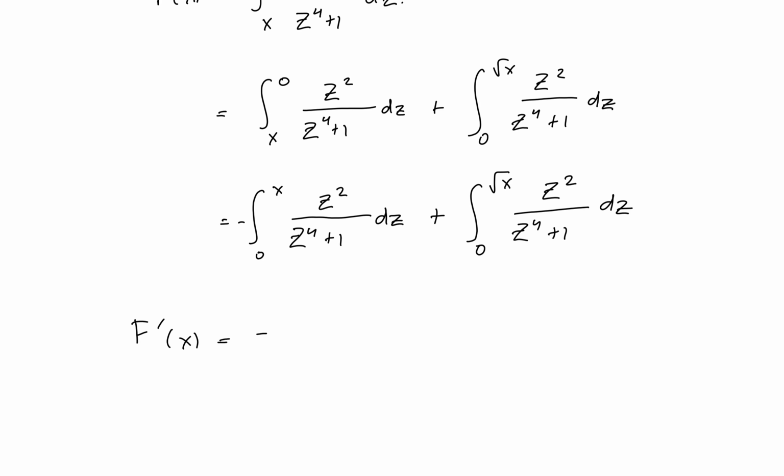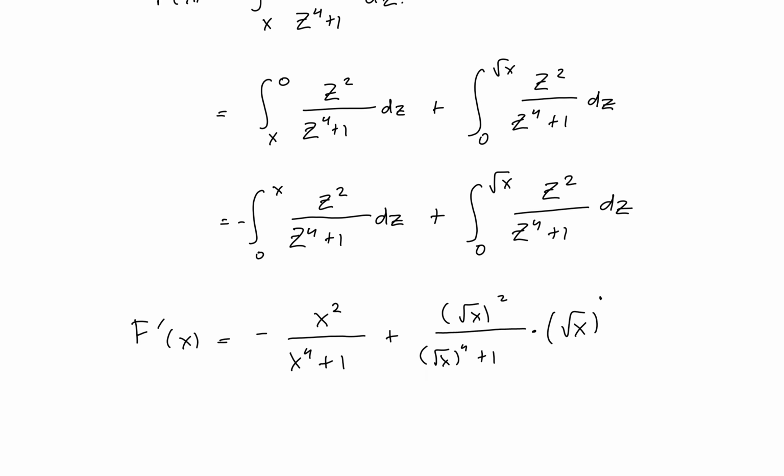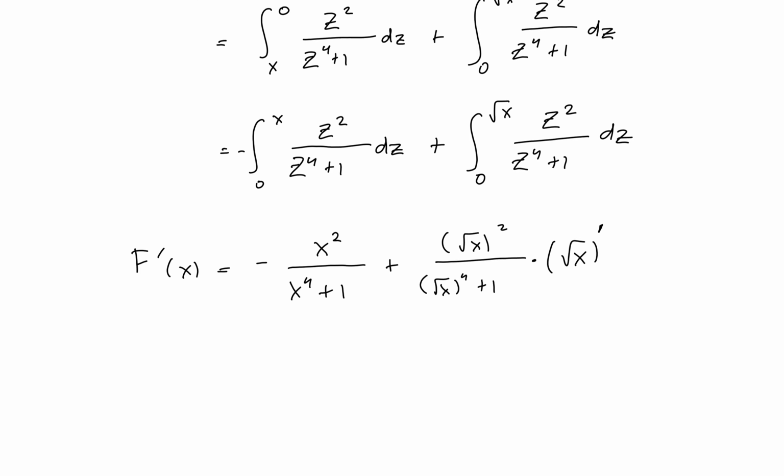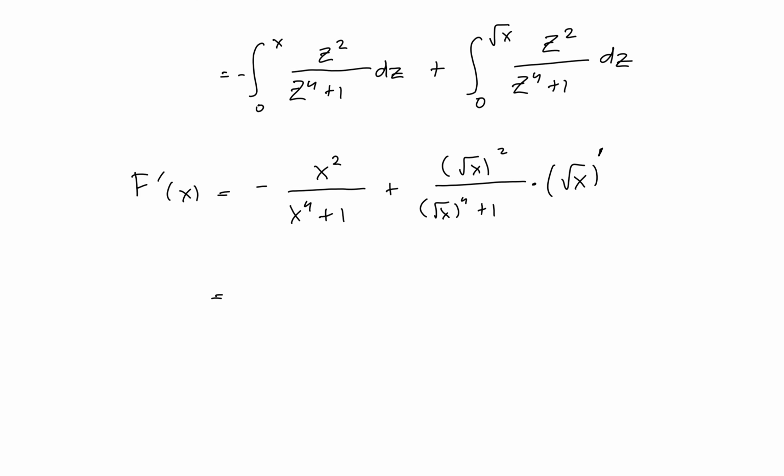So for this first one, I'm going to get the negative stays out there, and then since it's just 2x, I just replace the z's with x's. And for the second one, I'm going to put in my function. Then I need to multiply by the derivative of that function for chain rule. So this becomes minus x squared over x to the fourth plus 1.